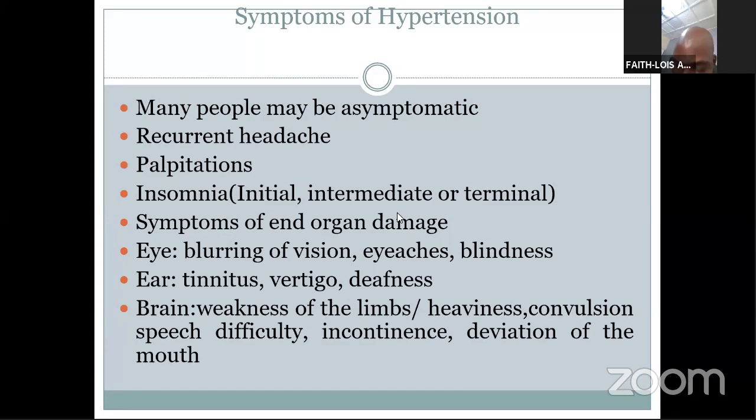Okay. So other symptoms of hypertension, it could also affect the heart. And when it affects the heart, the individual presents with easy fatigability. The person could also have tiredness and have difficulty with breathing, either with little exertion or without exertion. Of course, it could affect the genitals, leading to erectile dysfunction, inability to have a satisfactory erection.